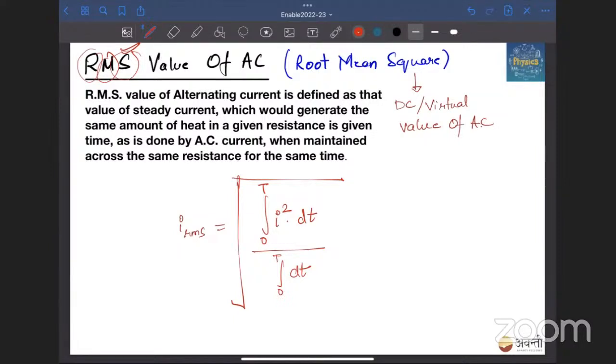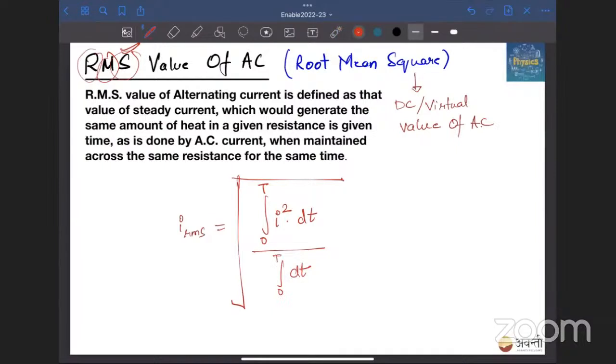Okay, so let's read here. RMS value of alternating current is defined as the value of steady current which will generate the same amount of heat in a given resistance in a given time as is done by AC current when maintained across the same resistance. Heat means energy. So the RMS value of current will tell you how much heat is generated or how much power is consumed for a particular time or for a particular load, whether it is a bulb or tube light or something.